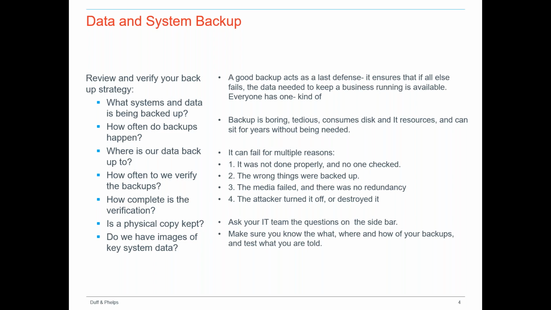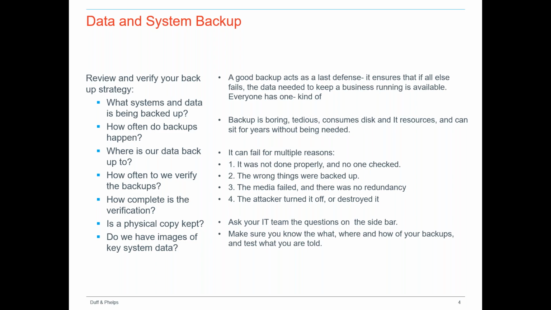This is the old school IT that has kind of dropped off as we become more used to cloud and shared capable backup systems. First, backup is boring. It's tedious. It consumes disk space and resources, and it can often sit for years without being needed. But when you need it, if it's not there, you have no other option.